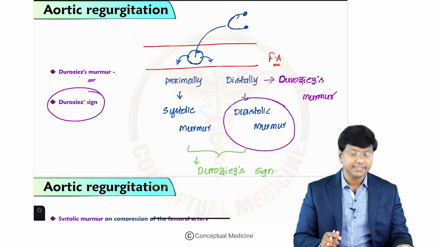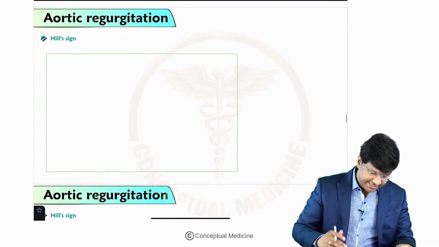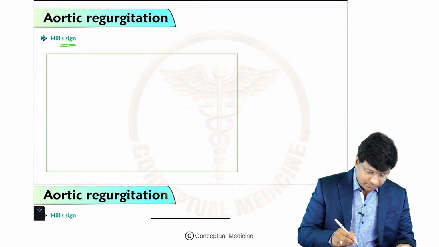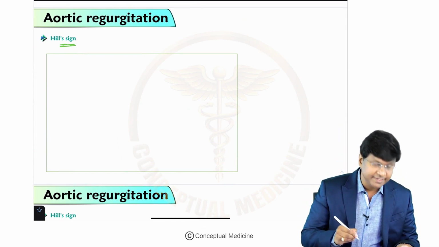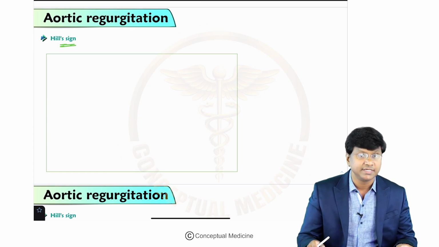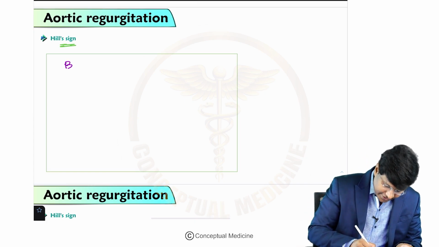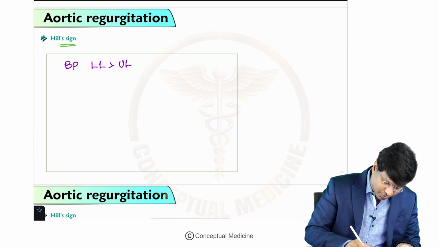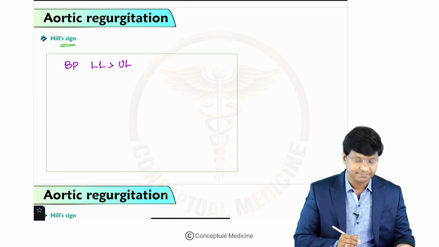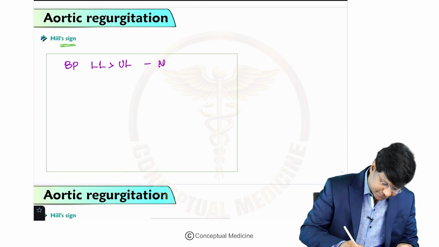Then followed by that, you need to know about the Hill's sign. Now what is this particular Hill's sign? First of all, let me tell you about the normal individual, and then what Hill's sign is in aortic regurgitation. If you take the blood pressure of the lower limb as well as the upper limb, the blood pressure of the lower limb will be more than that of the upper limb in a normal individual.